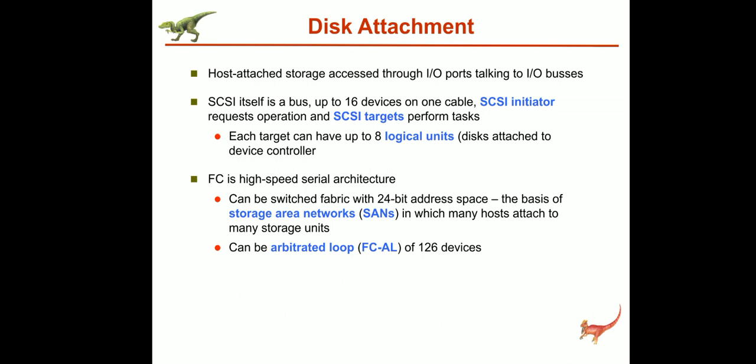It is also called FCAL. And this can address up to 126 devices, means at a time it can have 126 devices attached to it. This 126 devices includes both drives and controllers.